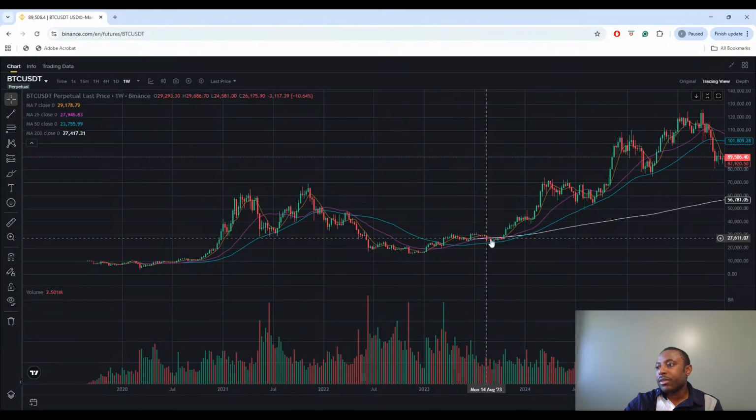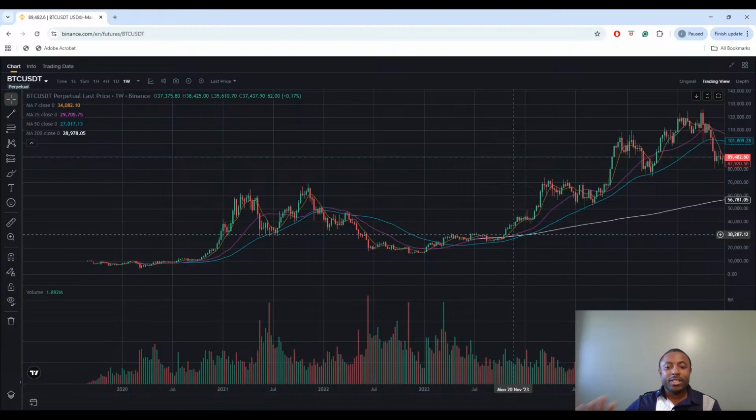You can see this cross right here, around 30,000. This was a clear indication that you are entering into a bullish zone. That means more upside. We have the 200 moving average here and the 50 moving average here, and they cross at this point.